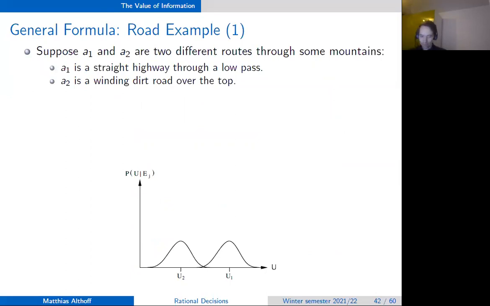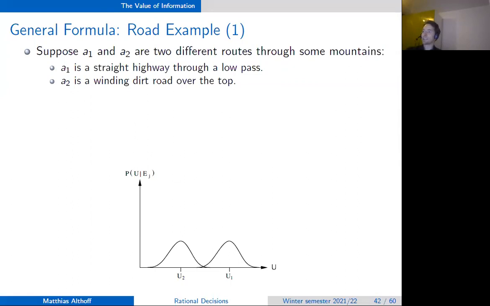Okay, so one thing that I would like to discuss is how valuable a certain information is. You can often infer without exactly computing the value of information. And as an example, let's assume you want to go, I don't know, skiing in the Alps or whatever. And there are two different routes.